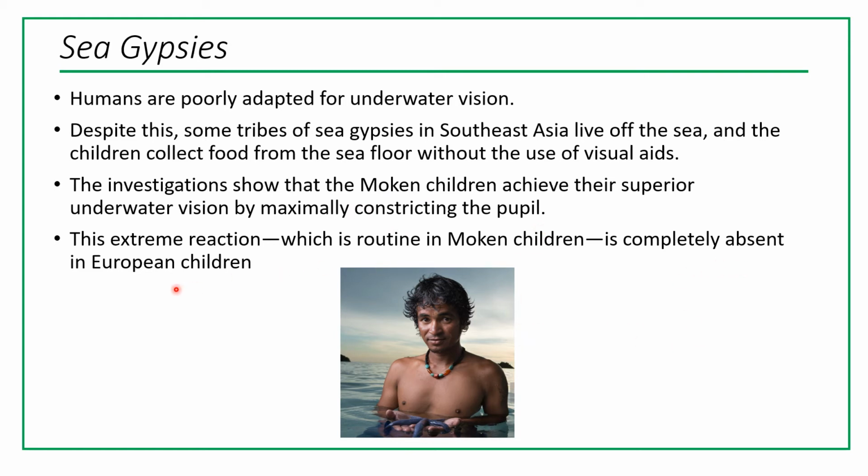This is completely absent in European children, right? So that's also a mutation, and this is an adaptation that allows people to survive better and pass their alleles to the next generations.